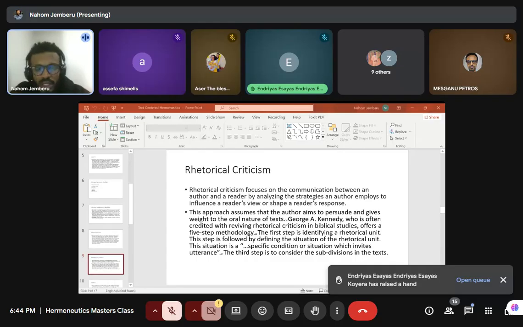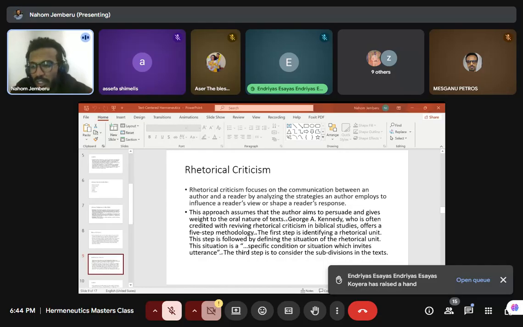For example, when we do exegesis, if you are following a historical grammatical method, you might focus on defining each word, right? You focus on how each phrase works, how each clause works, and all that. But rhetorical criticism actually tries to understand how the author is trying to persuade the reader.